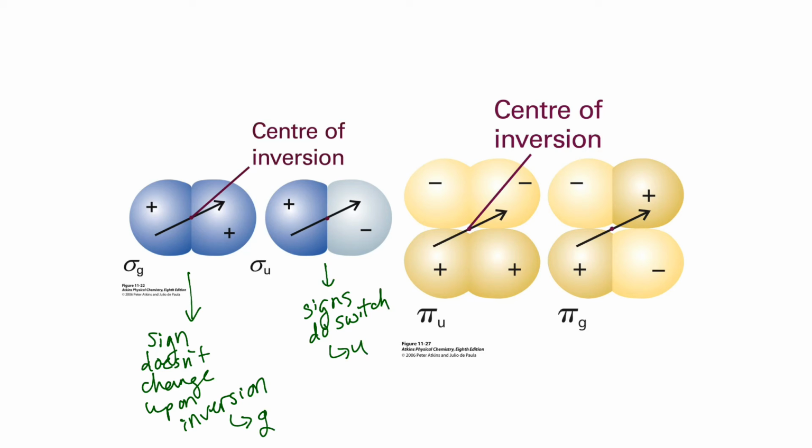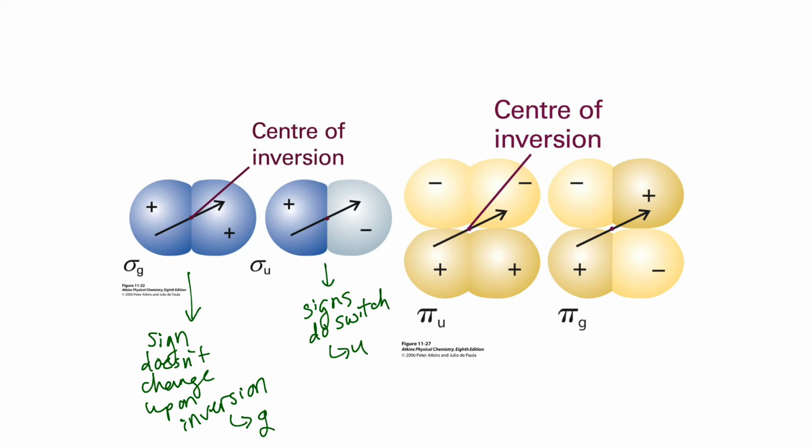Things are a little bit more interesting when we look at the p orbitals. These were the two options for how our px or py orbitals could overlap with one another. In this case, you're just going to switch the molecule, sort of flip it inside out, so go to opposite corners. When we invert here, it's not an inversion across this mirror plane.